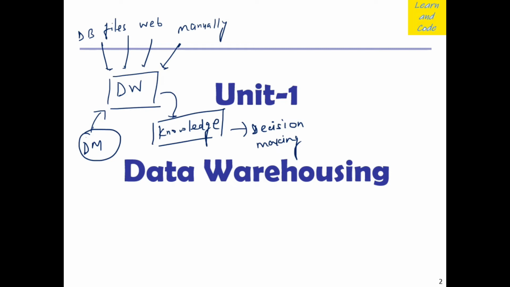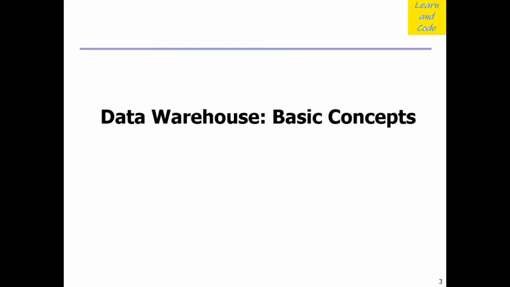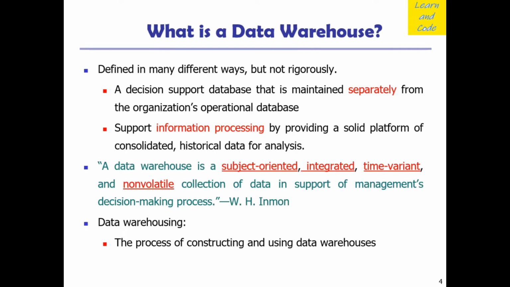Now we'll go with the formal definition of a data warehouse. So what exactly is a data warehouse? These are the different properties of a data warehouse. A data warehouse is a subject oriented, integrated, time variant and non-volatile collection of data in support of the management decision making process.